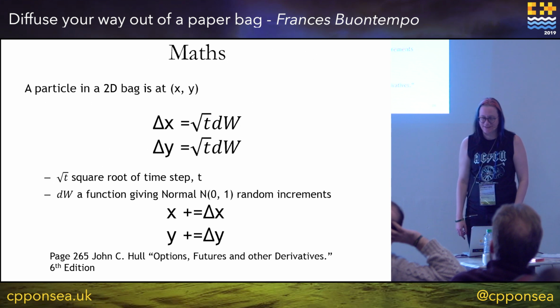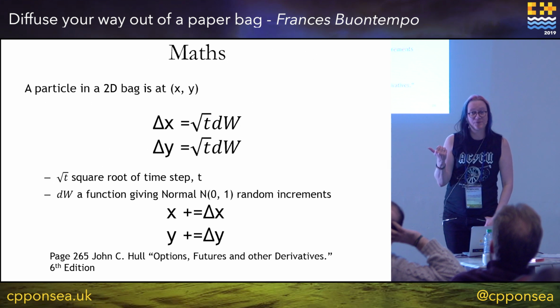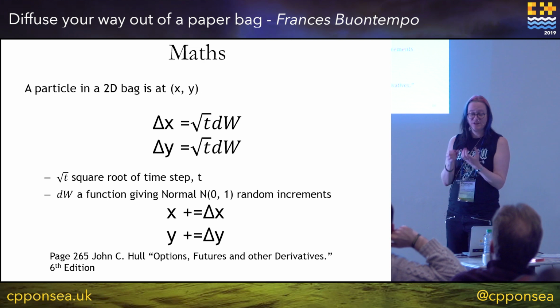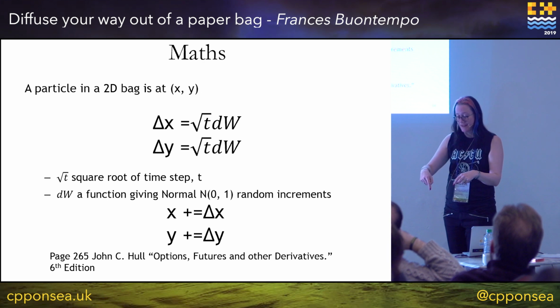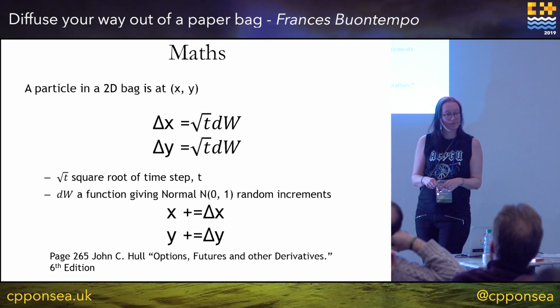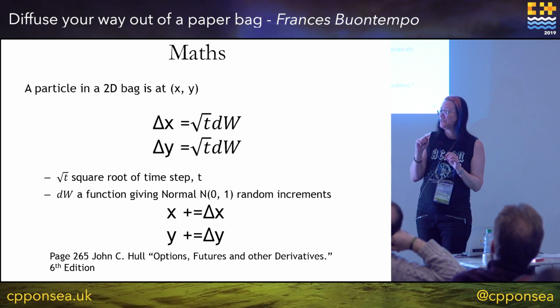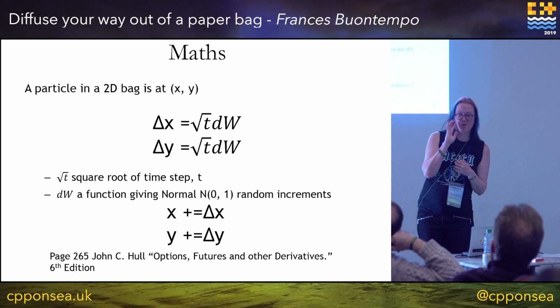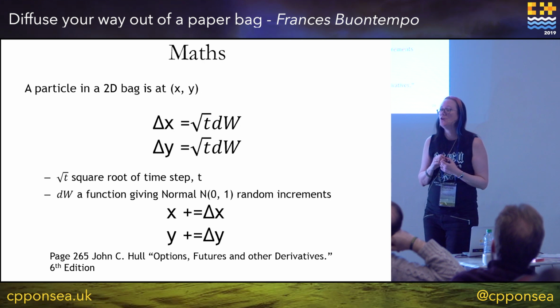So, here's the maths. I said there'd be maths. We want some steps. So, if I describe a point as being an x-coordinate and a y-coordinate, the x step is going to be the square root of the time step, which is just a number we'll make up, times a random number.